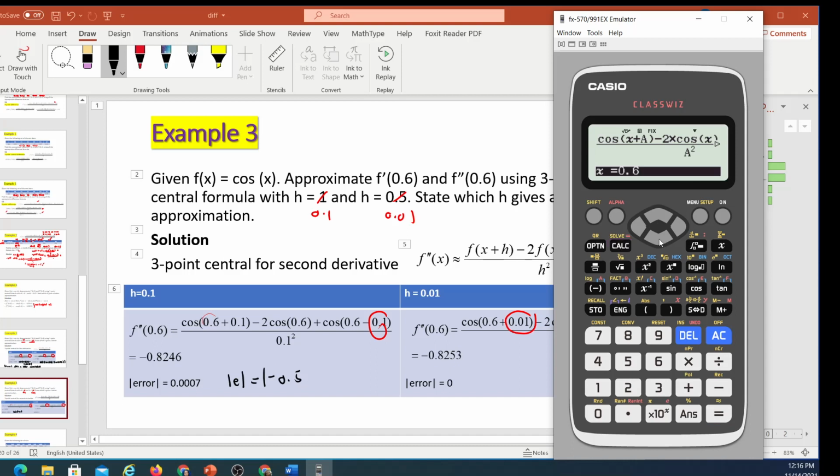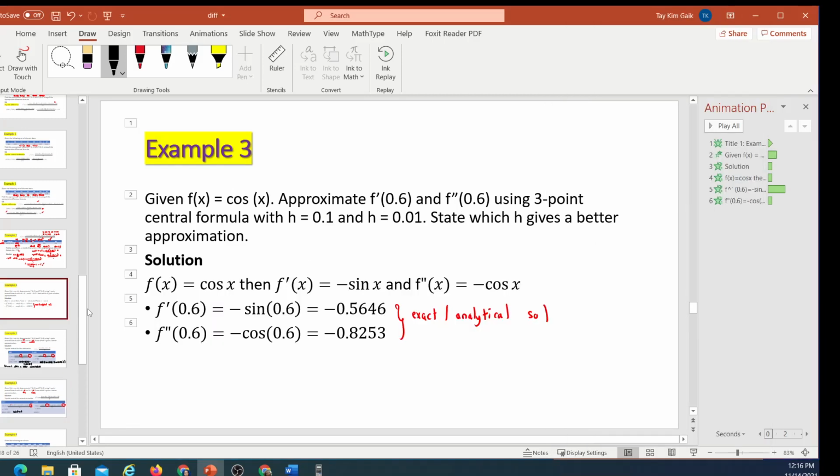Then calculate again with x still 0.6 and h now 0.1, so you get negative 0.8246. The exact solution for the second derivative is negative 0.8253.